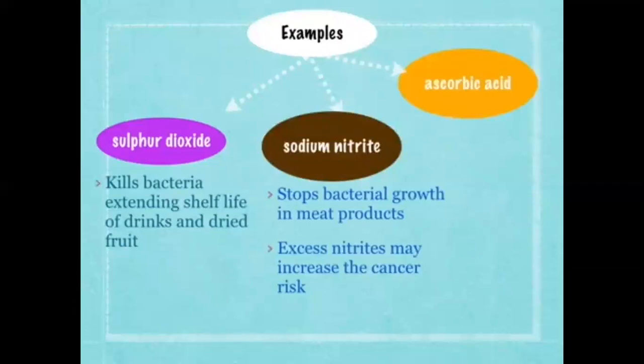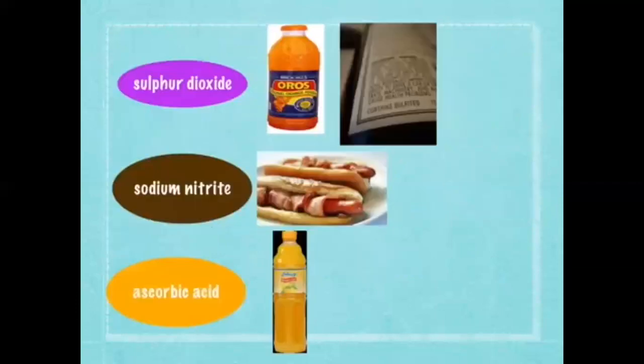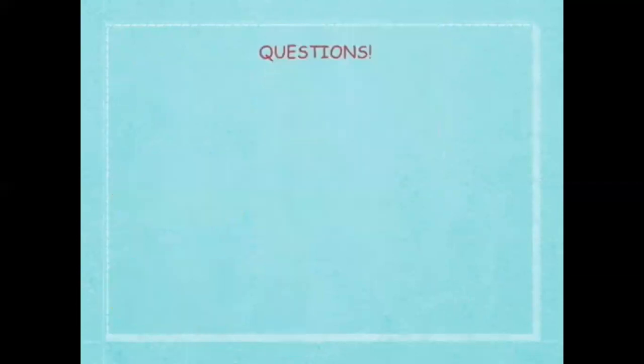And then ascorbic acid, which is vitamin C, and it stops fruit and meat from browning. Now, ascorbic acid is quite good for us, so not all additives are bad. So the three that we've come across are sulfur dioxide, as you can see in the drink Oros, sodium nitrite in meat, and ascorbic acid, which is vitamin C.